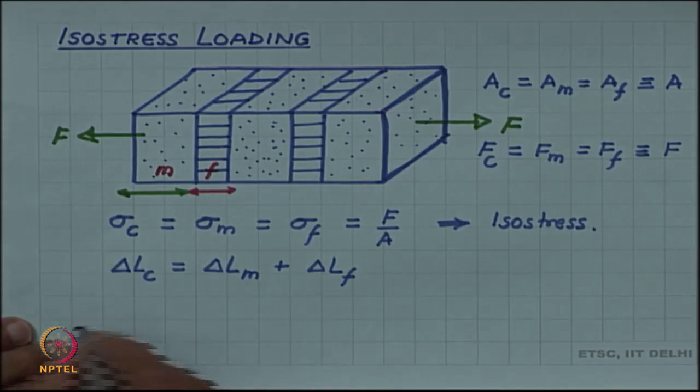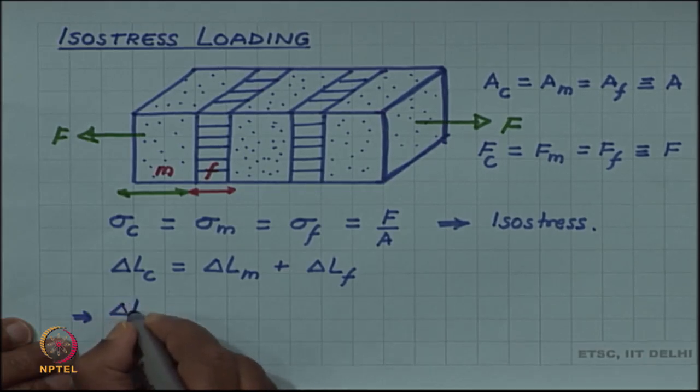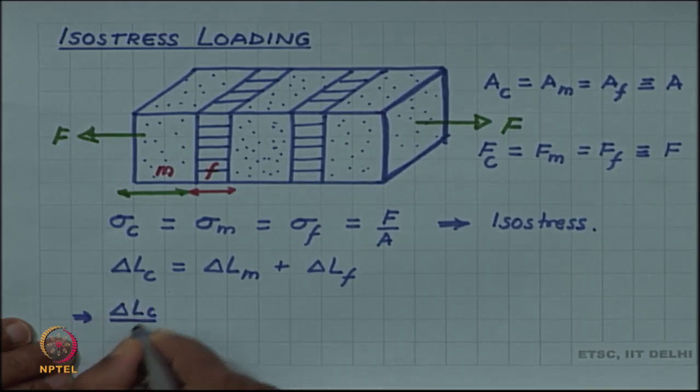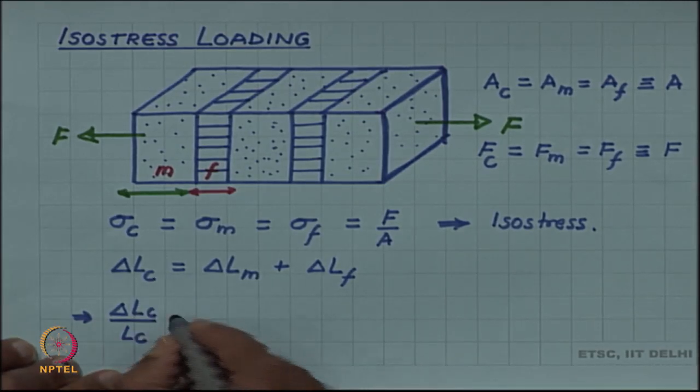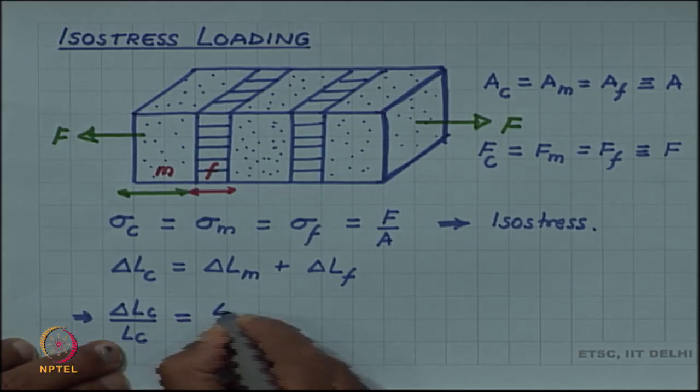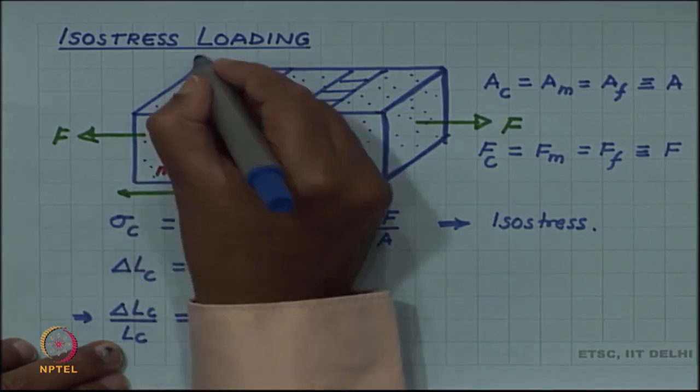Now, to convert these into strains, we divide by the length of the composite.